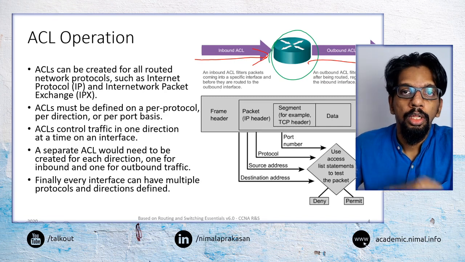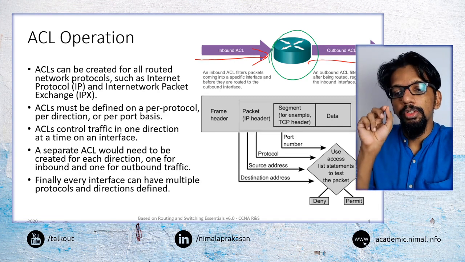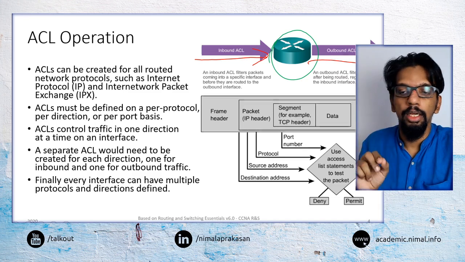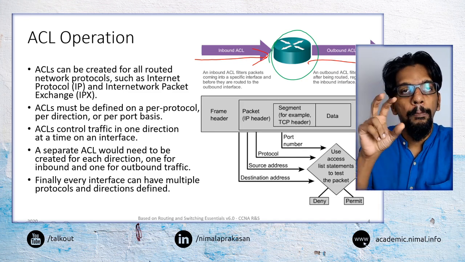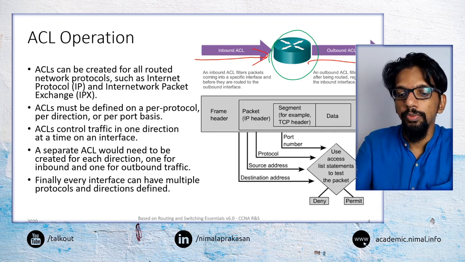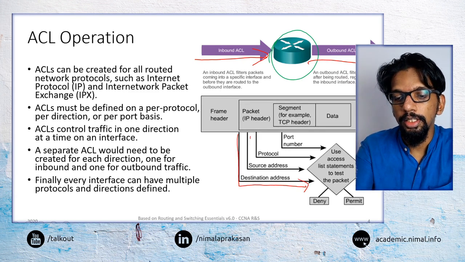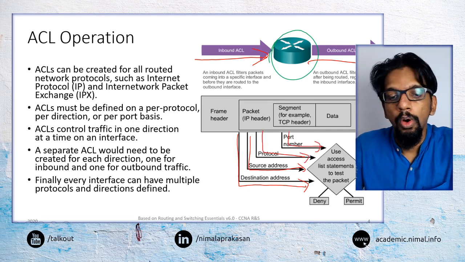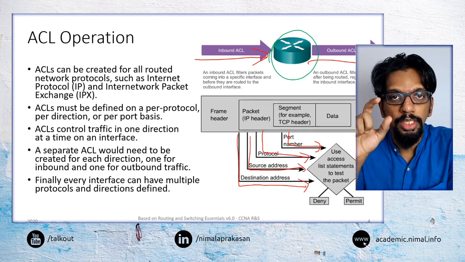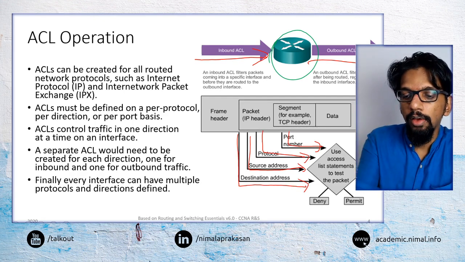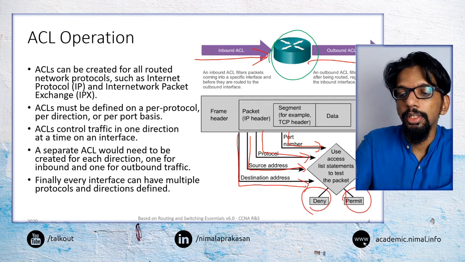With that, we will have to specify these ACL rules particularly for each of these things. We'll have to specify, say, destination, source, protocol, port. All of these things we can specify and have either deny or permit.